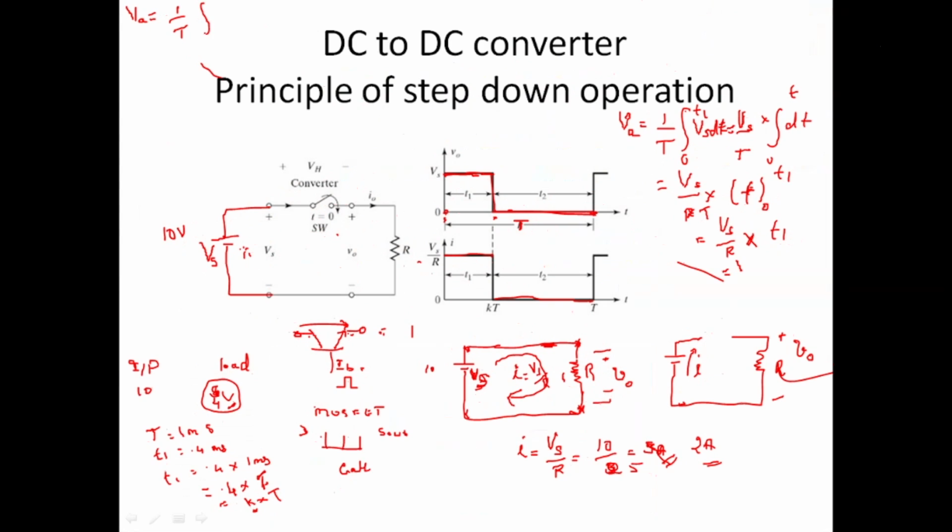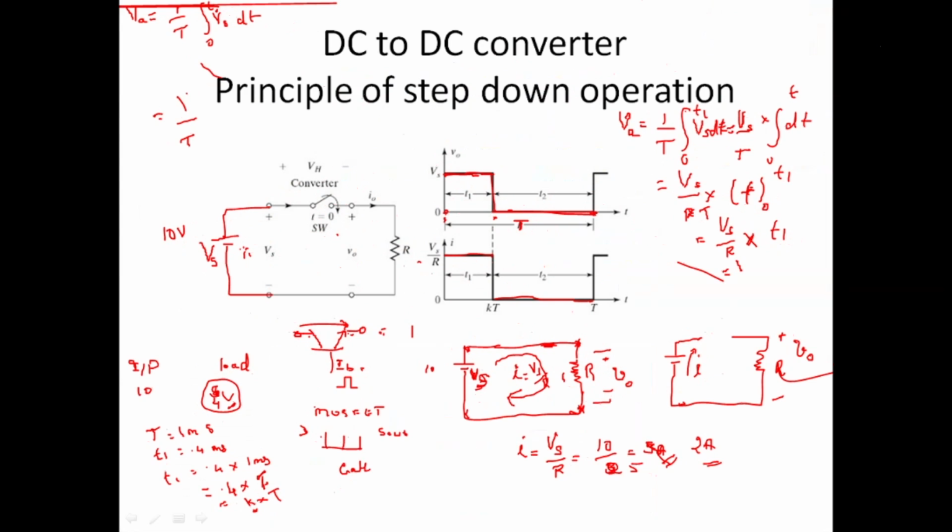Integration 0 to T1. What is the value here? We are taking the average of the voltage waveform. The value is Vs, so this is T1. Vs dt, and in the denominator T is there.